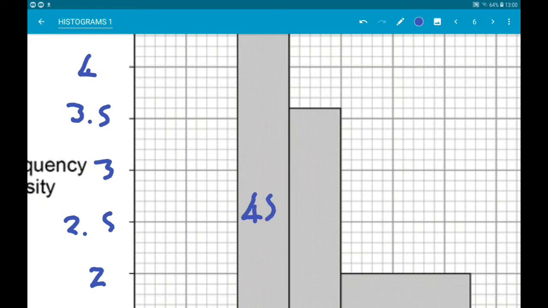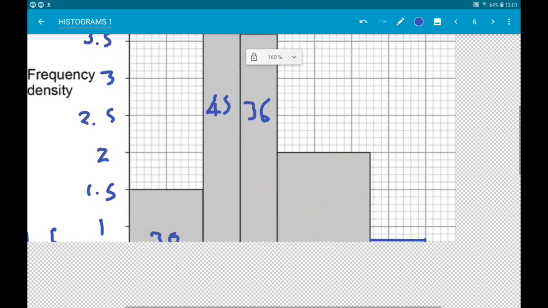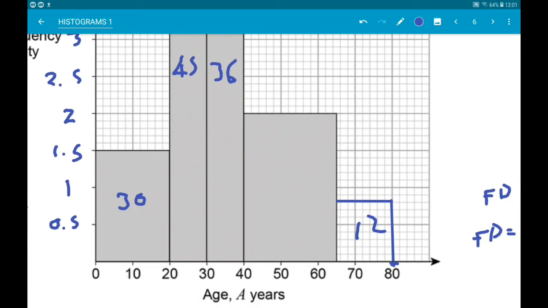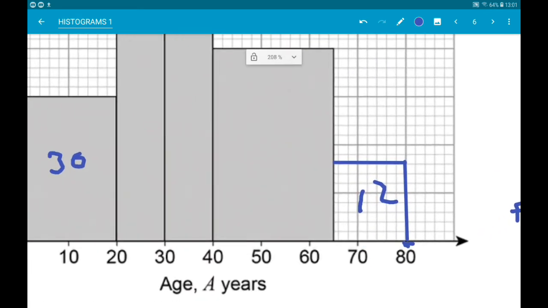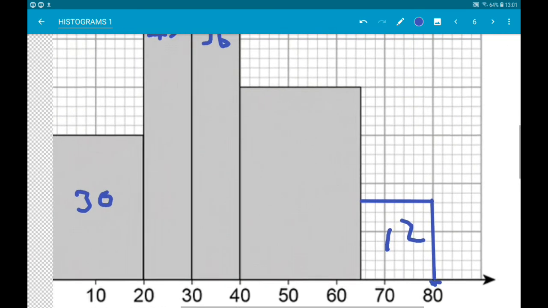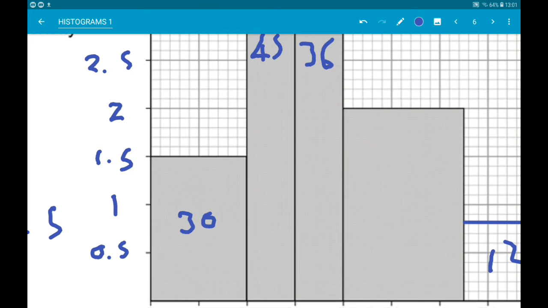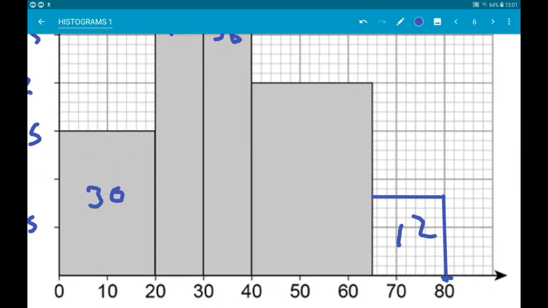The next bar also has a width of 10 with a density of 3.6, so there are 36 people in this one. And then in this chubby fellow down here, we have a width of 25 and a density of 2, so in here there are 50 people.